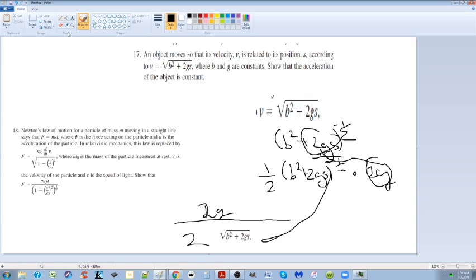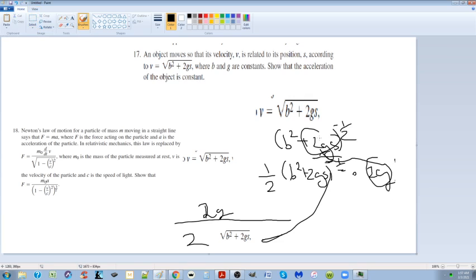Now here's the trick. Didn't they say up here that velocity is equal to this? And the derivative of speed you have to take. What is the derivative of speed? It's velocity. I forgot, because they did it in terms of distance, not time.